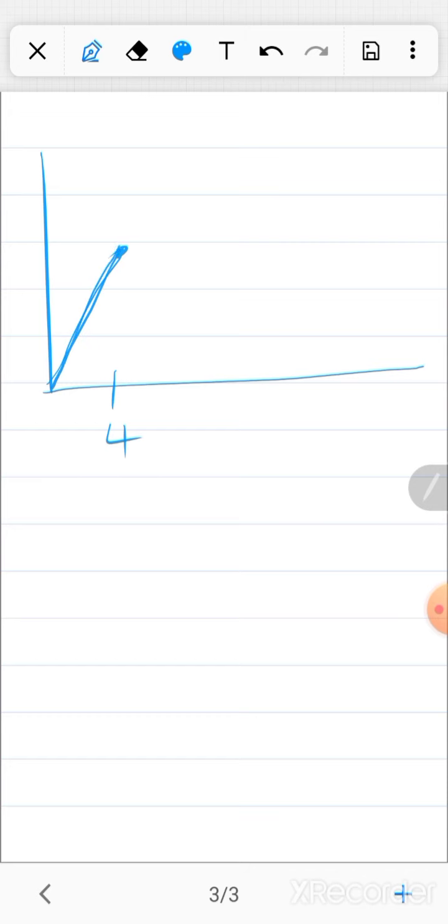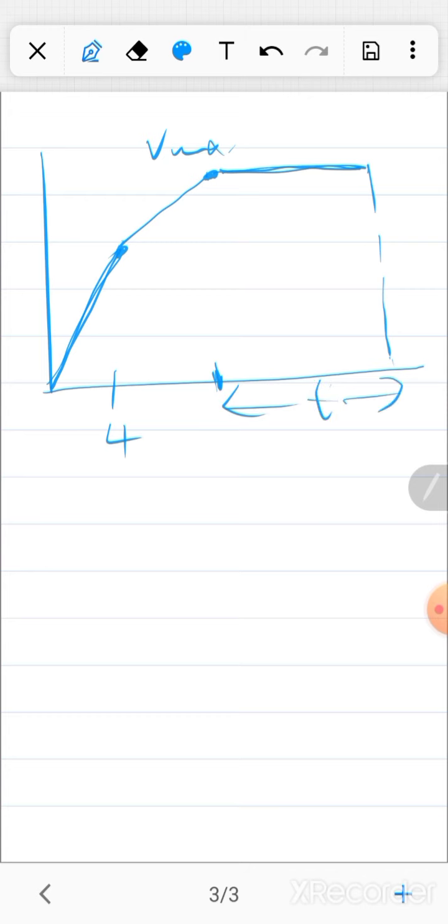You have figured out another amount of seconds it takes him to get to his maximum speed, right? This is maximum speed. And now he continues at that maximum speed until he reaches the end of his course, right? So you can probably figure this time out.